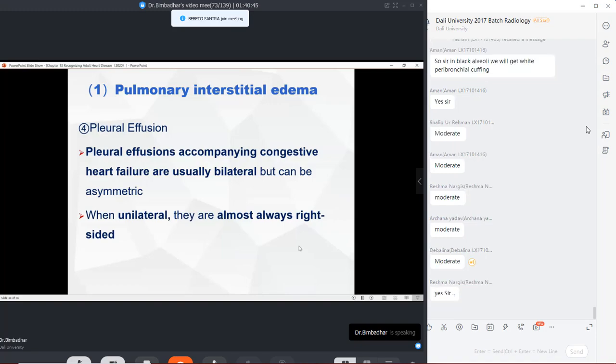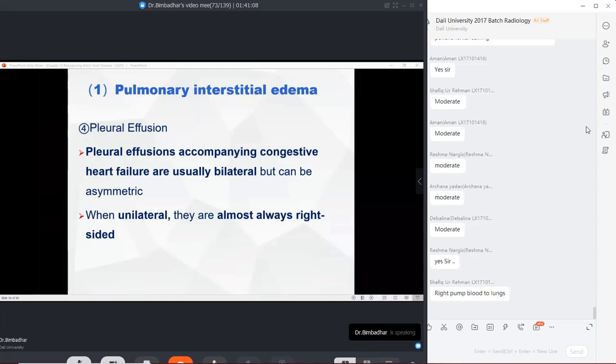But what is the problem? What is the reason behind right-sided heart failure? What happens in the right side of the heart? Why does the right side of the heart fail? Is it the heart failing on the right side because of cardiac problems itself, or is it something else?